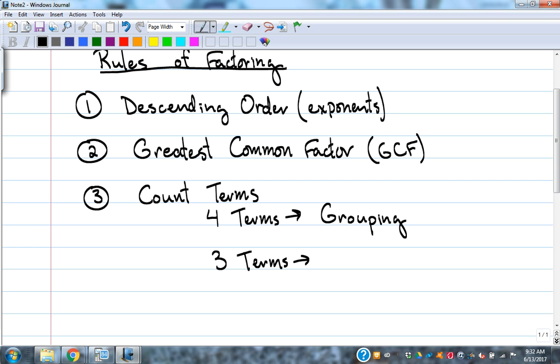They're not that bad. If there are 3 terms, it's a trinomial that we're dealing with. I use this thing called an X method, and I'll teach you how to do that. Some of you may have learned to factor polynomials in high school, and you may have learned guess and check, which is the way that I learned it. But the X method takes the guessing out of it, a little more process that works every time.